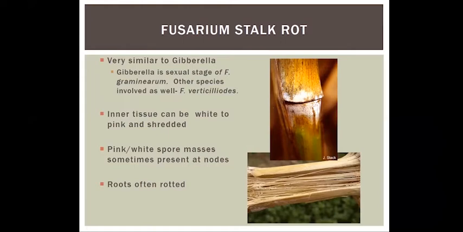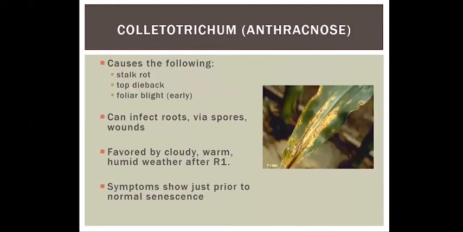That inner pith will be white and shredded and kind of spongy. Roots will oftentimes be rotted as well. One of the other things I tend to look for is the cobs, because if we have stalk rots in our plants, we might also have infection of the ear. A lot of times you might see that starburst infection of individual kernels on corn ears.